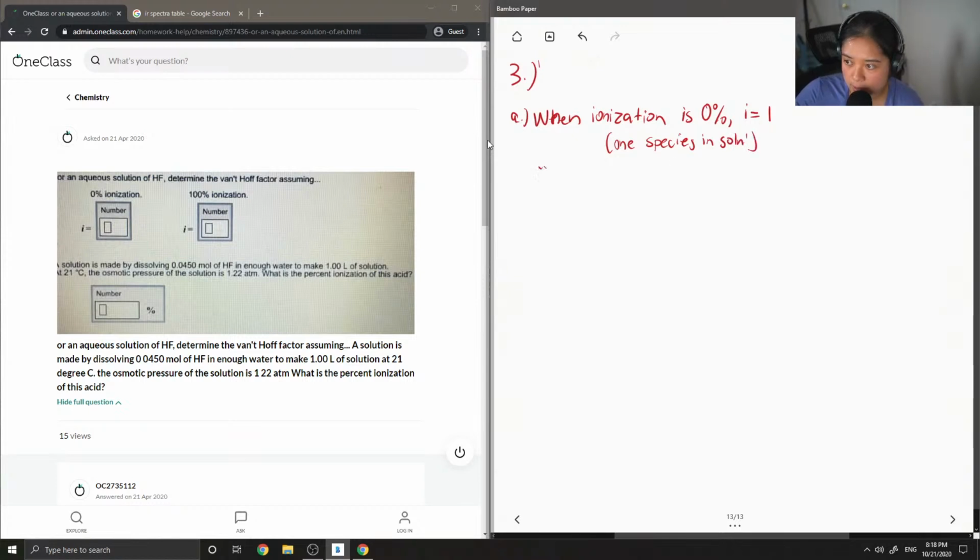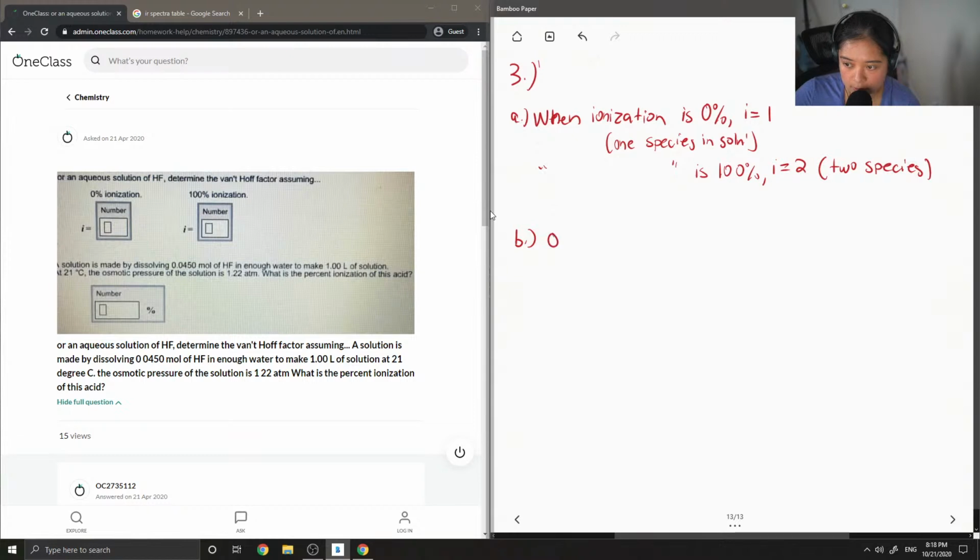And then when ionization is 100%, then that's when i is equal to 2. And you have 2 species in solution. That's just some definitions for part A. And part E wants us to calculate percent ionization.